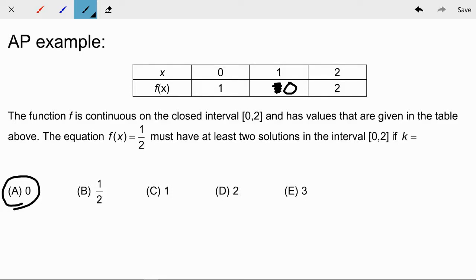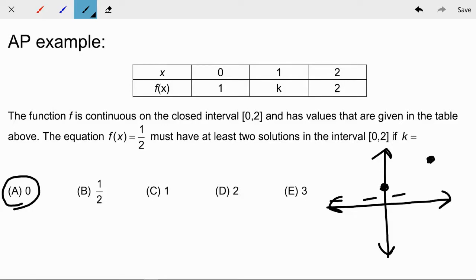If that doesn't make sense right away, what you can also do is just plot the points and plot the line that we need to cross, and it becomes a lot more obvious. So the 0, 1, I'm just going to estimate where these are, the 2, 2, and we're talking about the line y equals 1/2. So that's what we need to cross over.